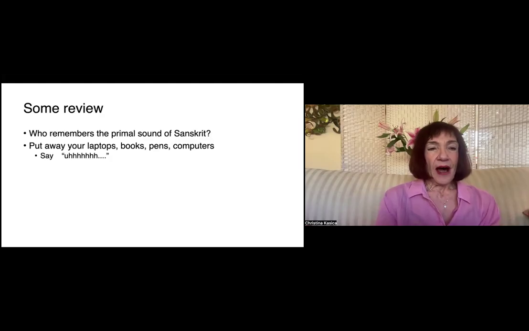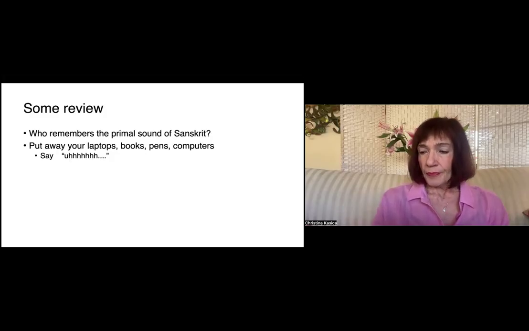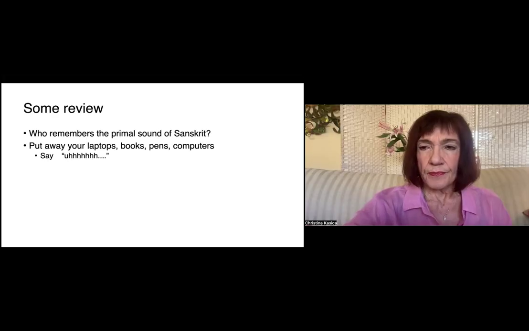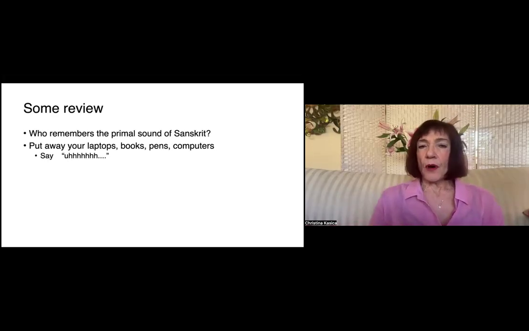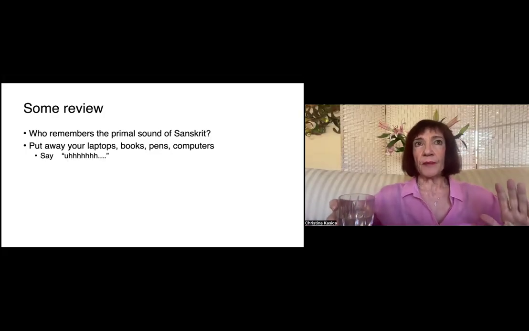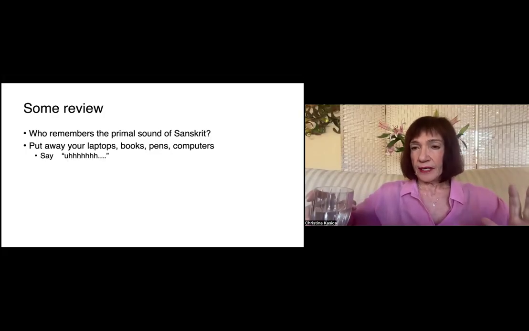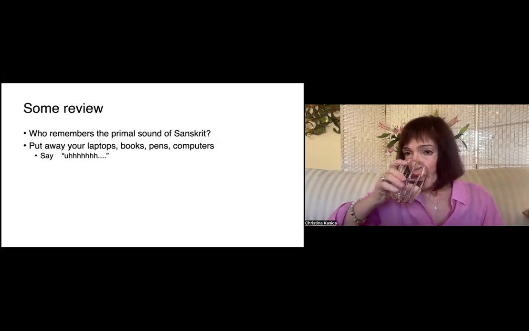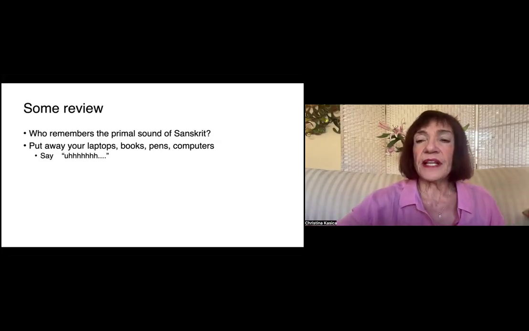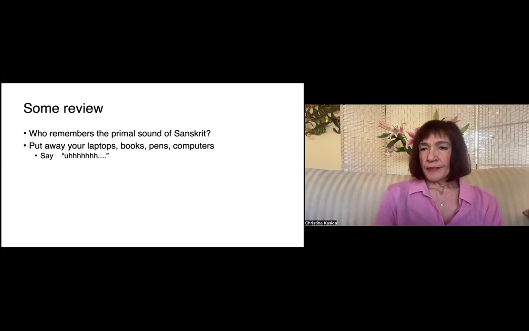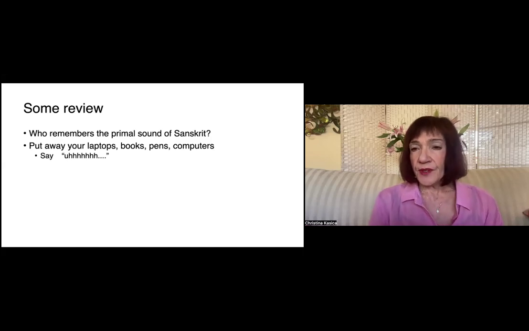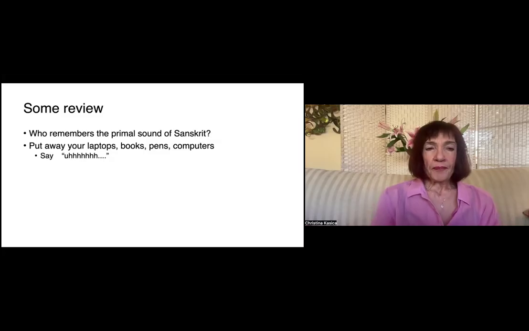All right. Now, what letter is that? No. Vowels? No, it is the first letter in the vowel list. And what letter is that? It's the letter A. So we pronounce it in Sanskrit, A. And why is that the most important letter?